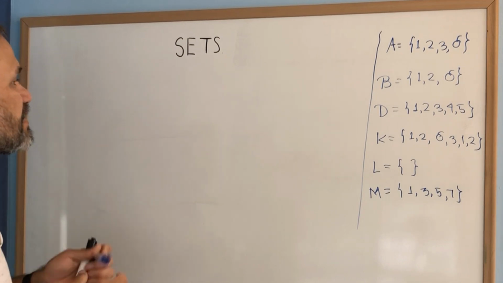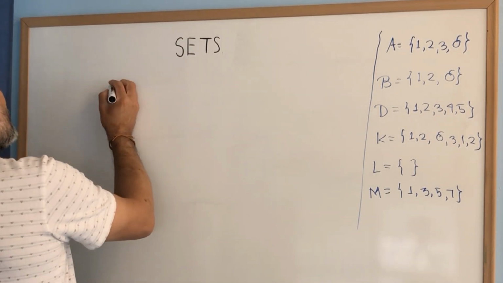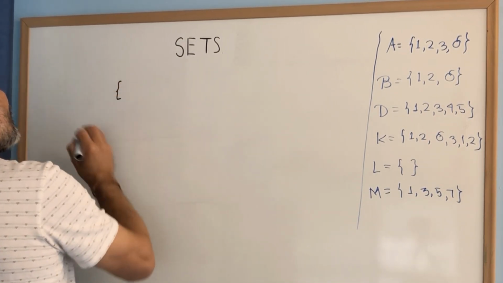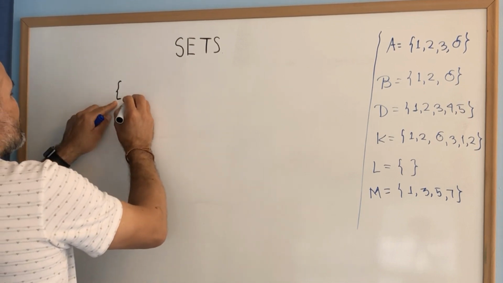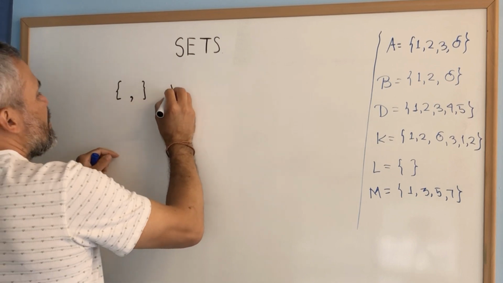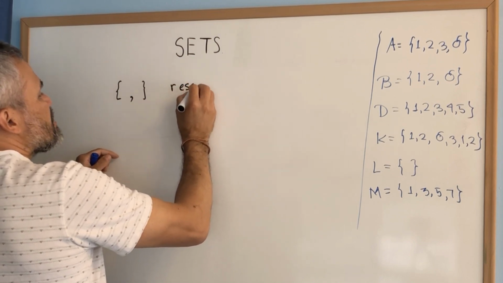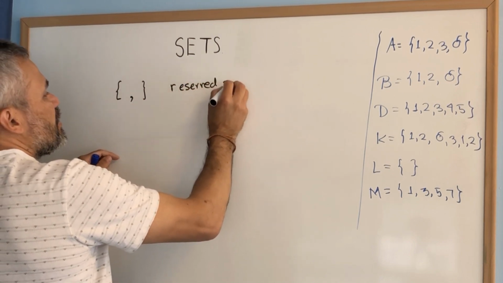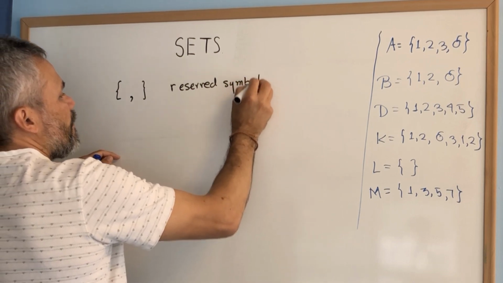Something that we have is that when we are thinking about sets, these braces and the comma can be thought of as reserved symbols.